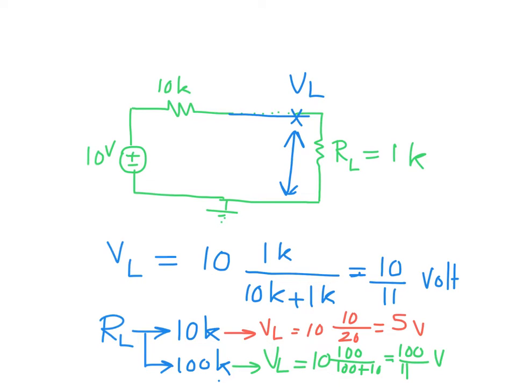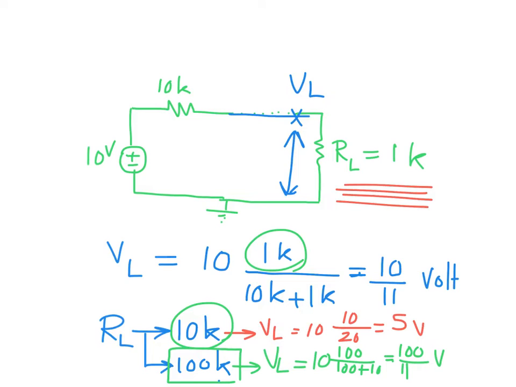So we can compare all these values. With 1k, we got almost 0.9 volt at VL at the output. If it's 10k, we got 5 volt. If the value of RL goes to 100k, VL goes to almost 9 point something volt. So this means the value of VL depends on the value of the load.